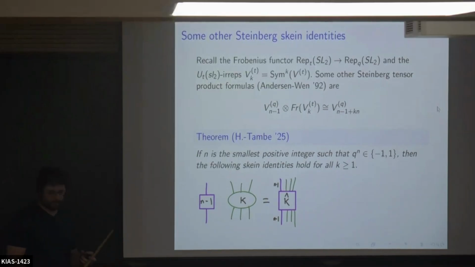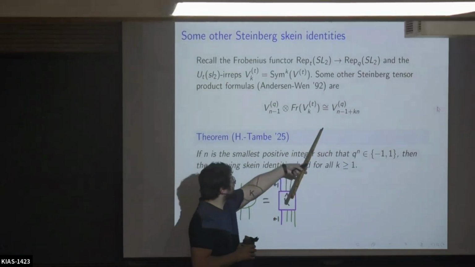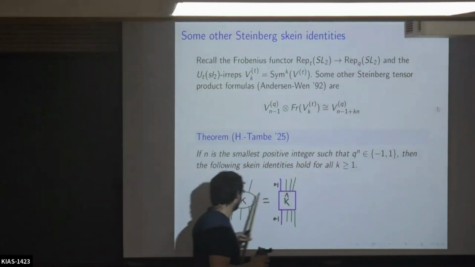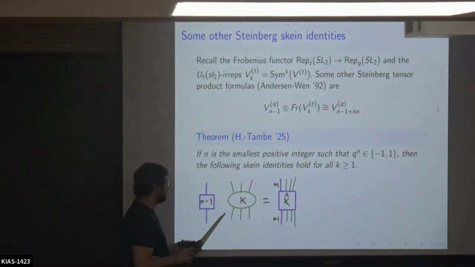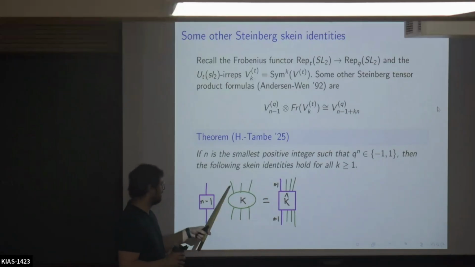Green, K check. Green is a state n-1 strand. K hat. So n-1 plus kn, or the second green one. Yeah. So this one originally had k green strands coming out of it, and you want to think of each green strand as being n. So it sort of is kn.